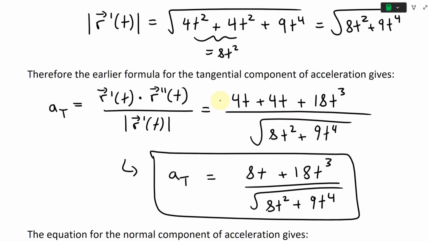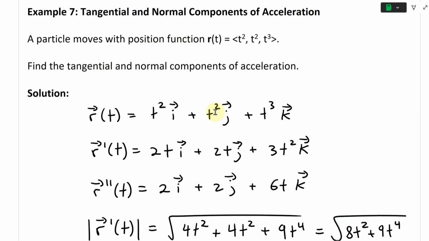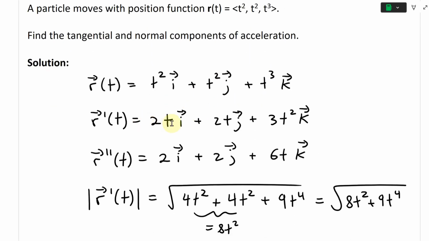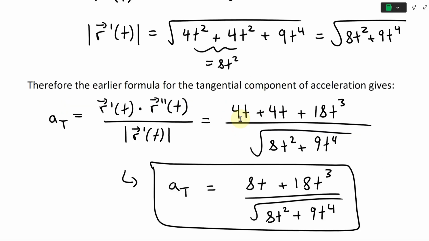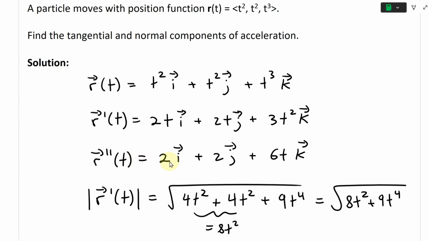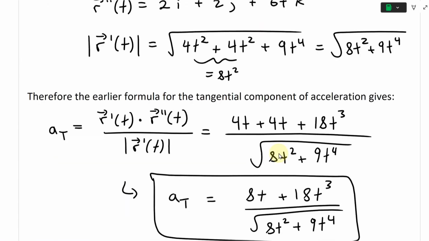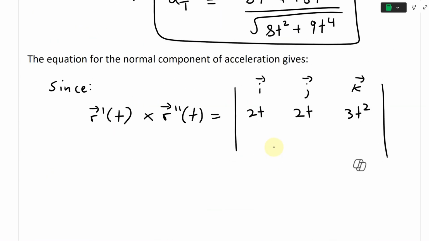The first row is 2t, 2t, 3t squared. The next row is the double prime: 2, 2, 6t.